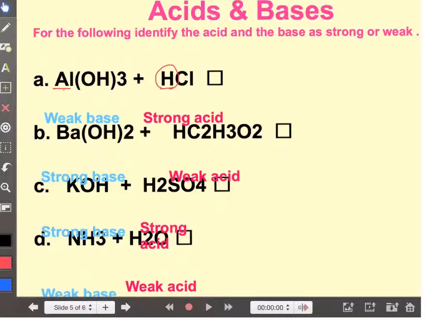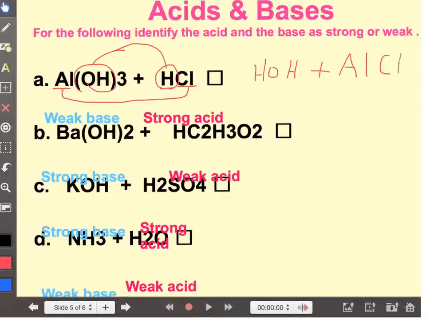So our hydrogen and our OH come together and we get HOH. And then our aluminum and our chlorine come together. Aluminum has a +3, chlorine has a -1, crisscross, and so we would have AlCl3.